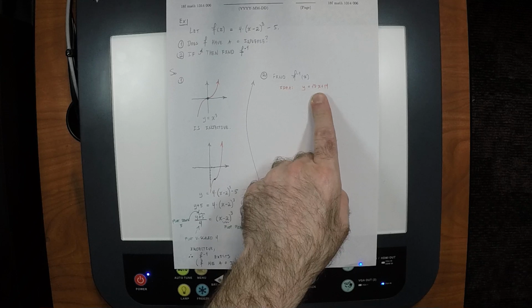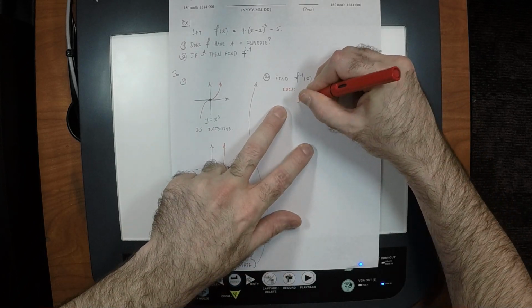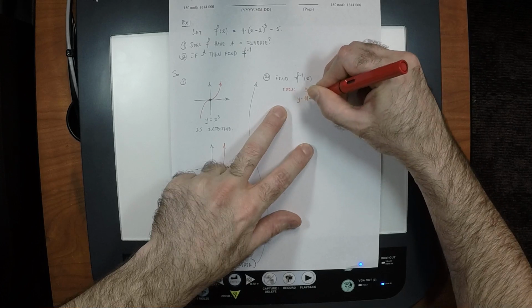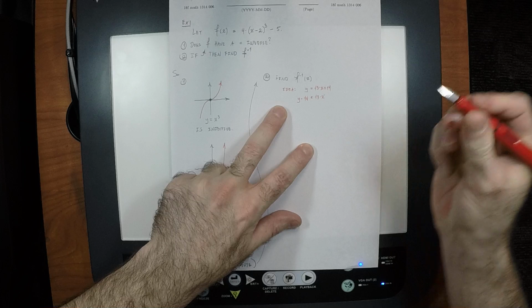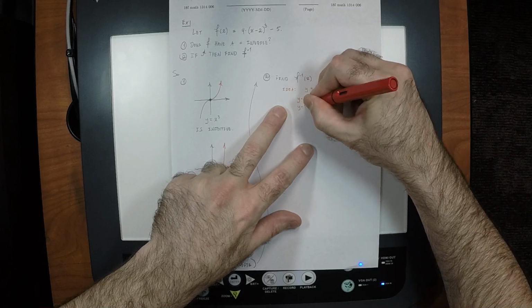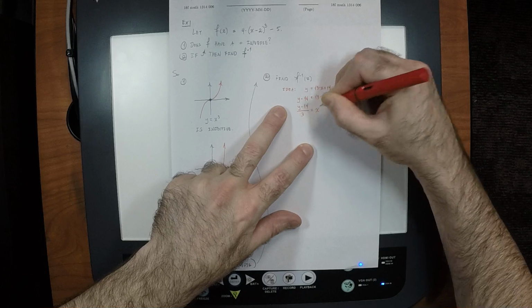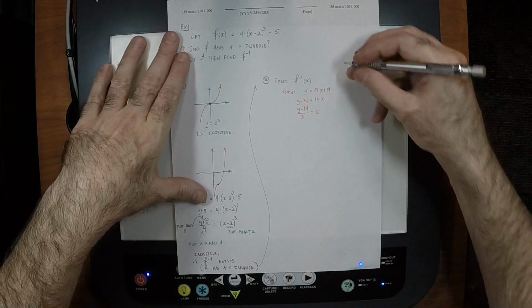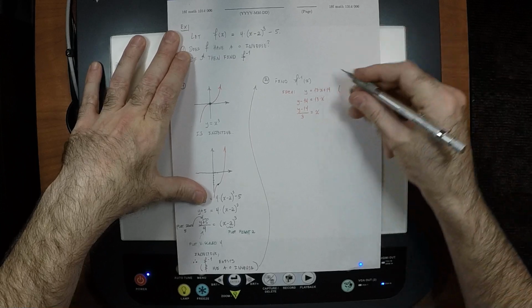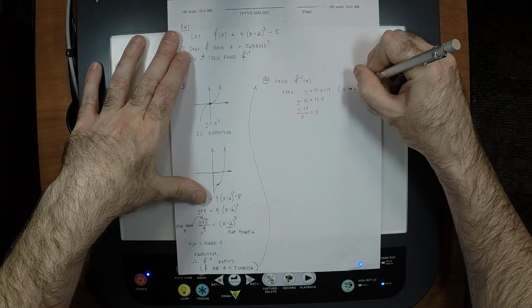Yeah, we could solve for x. So let's do that. Suppose we solve for x, then we'd have y minus 14 is 13x, and then y minus 14 divided by 13 is x. So what I want you to observe is that this formula is how you turn an x into a y.